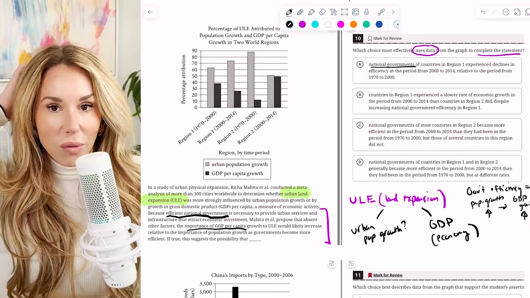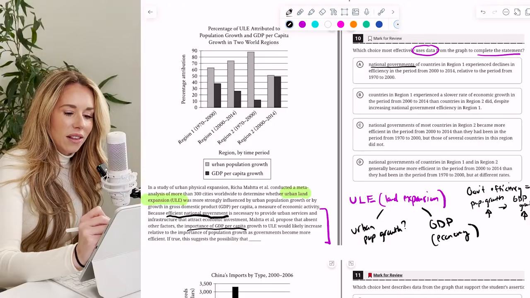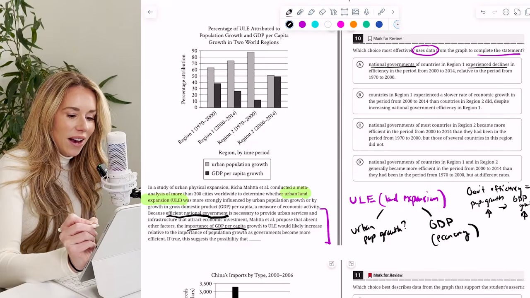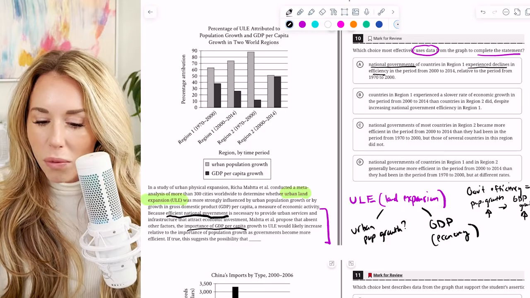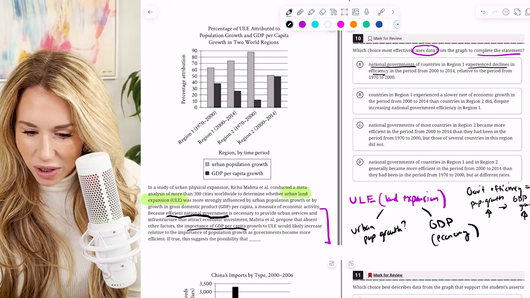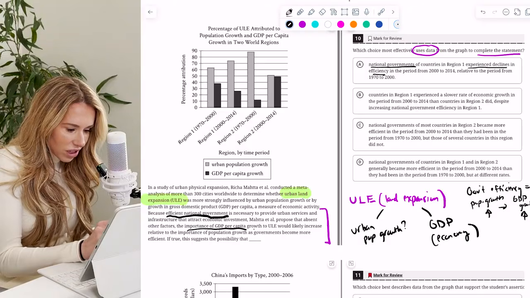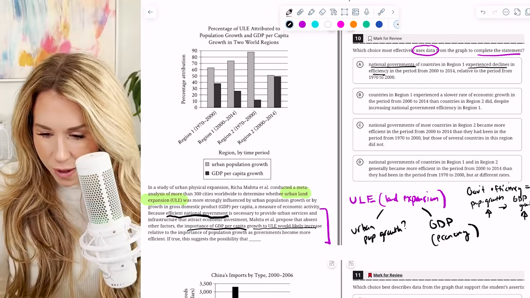So this might be one you'll want to skip and save for later. So if the national governments experience declines in efficiency, what would we expect to happen? Well, what we're going to want to see is like it says the importance of GDP per capita growth to ULE would likely increase.